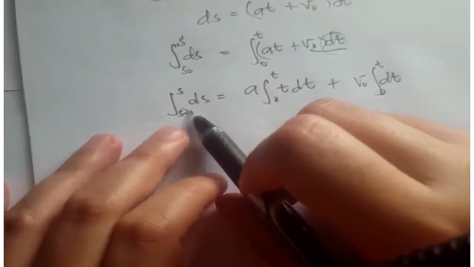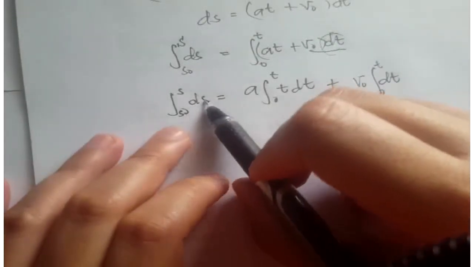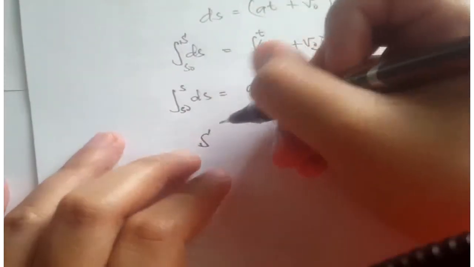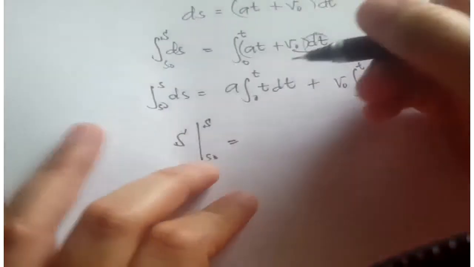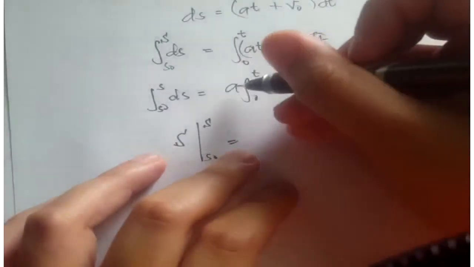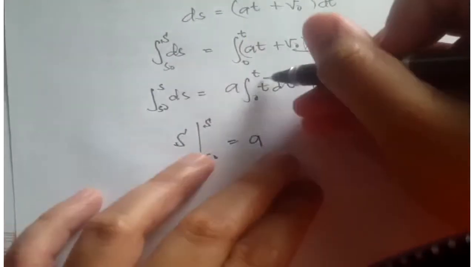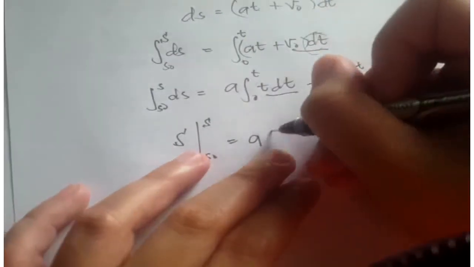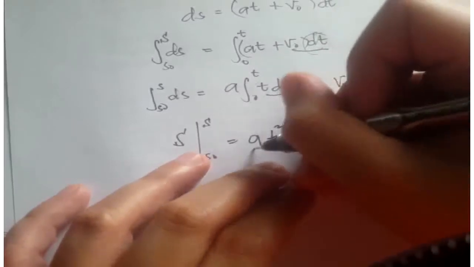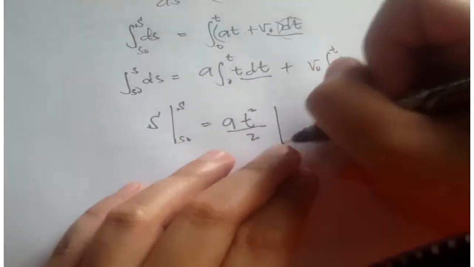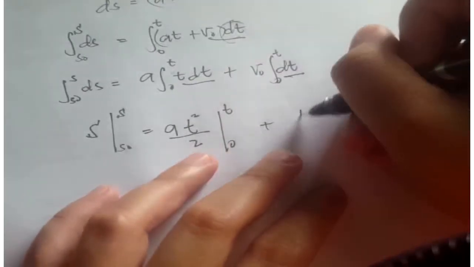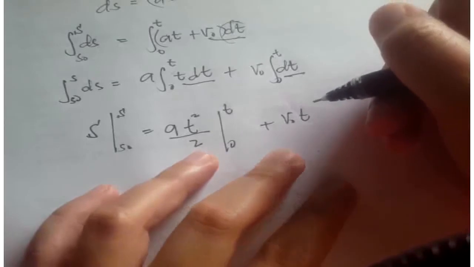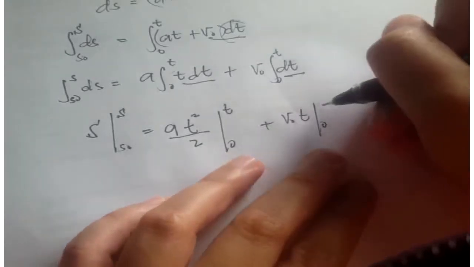From here we can simply integrate ds, which is equal to s, from s sub 0 to s, and then for t dt we copy the constant, and the integral of t dt is just t squared over 2 from 0 to t, plus the integral of dt is just t, then we copy v sub 0, from 0 to t.